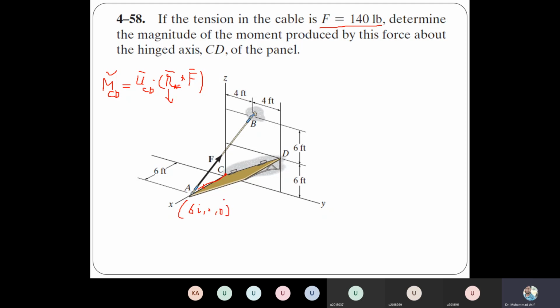And then if we want to convert this force into a vector, we need the position vector first, and the position vector is AB. That means we need the coordinates of B as well. So what are the coordinates of B? 0, 4, 12. Yes, right. These are the coordinates of B.